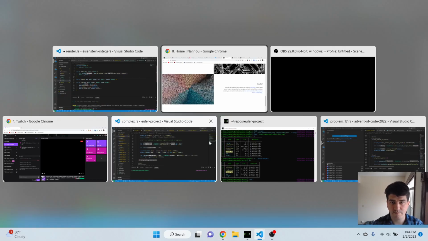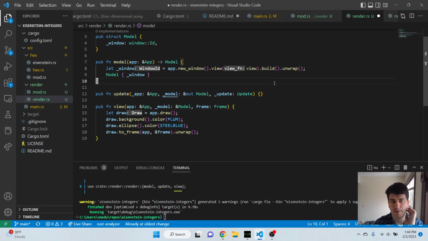Does a bunch of cool stuff. But I like it because, as opposed to Bevy or something, you can just get a visualization up and running really quickly. Okay. So we have our smoke test, but now we want our hexagon instead.